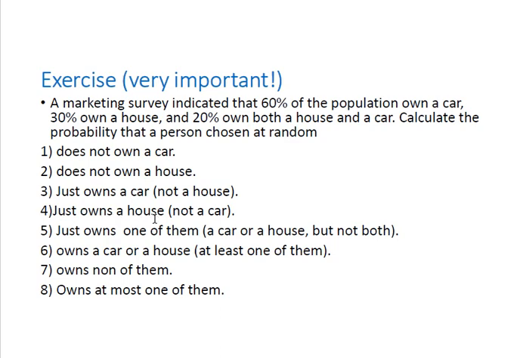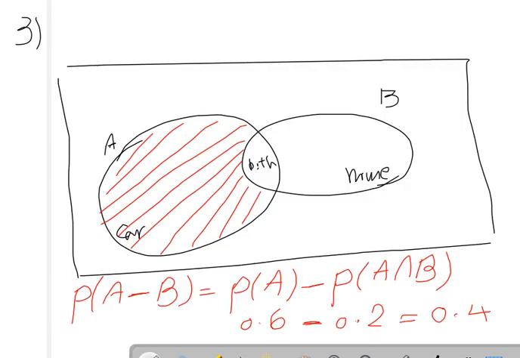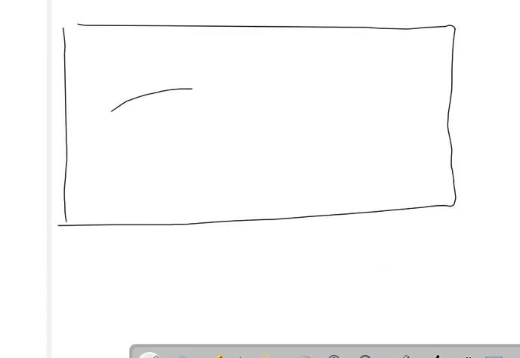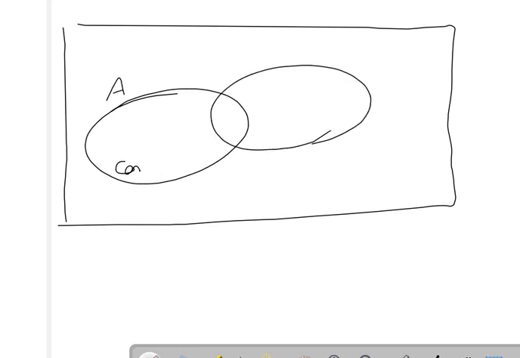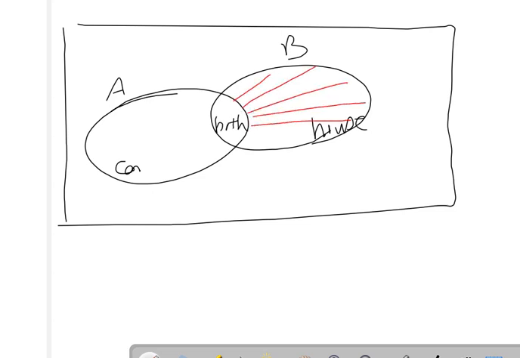Just owns a house. Again, similar to number 3, we can say that it's the car for A, the house for B, and it's both. Just owns a house. It means this part. What is this part?